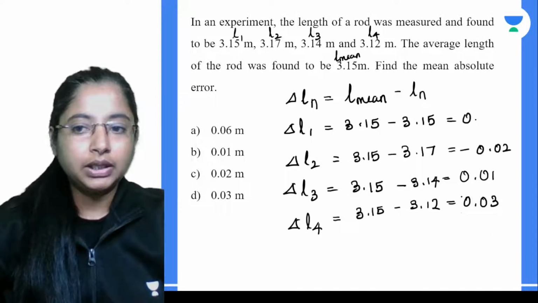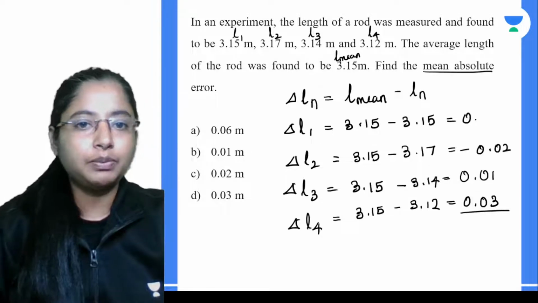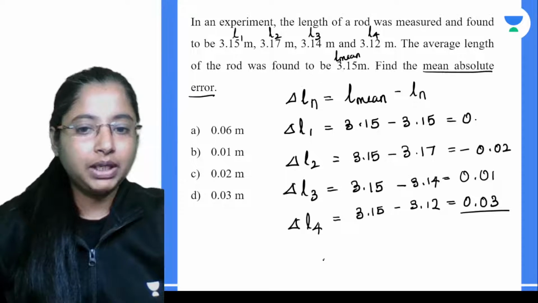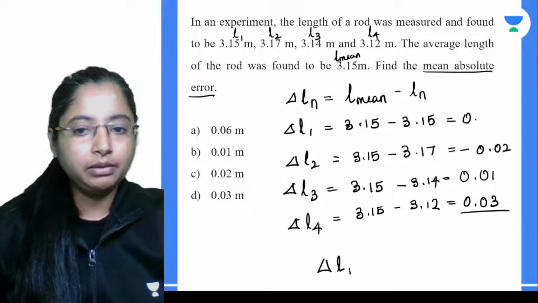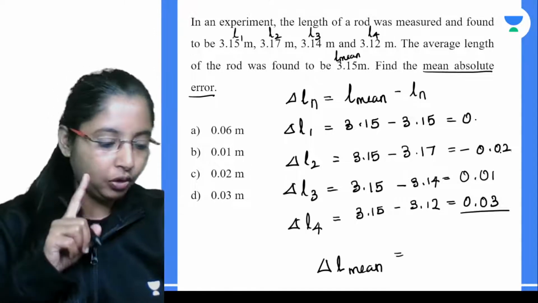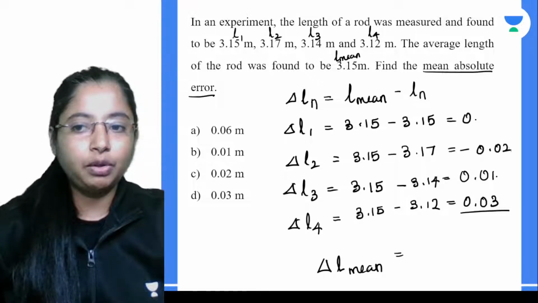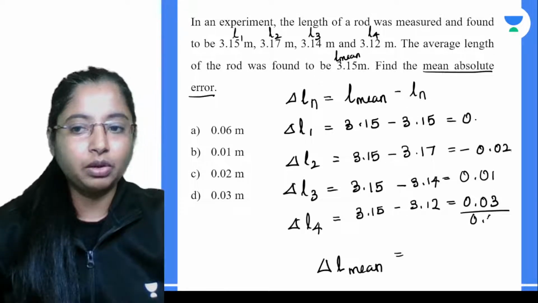Now, to find the mean absolute error, let's call it delta L mean. If you want to find the mean absolute error, add all of these quantities, taking only the positive values into account. So this will be 0.02, 0.01, 0.03. This will be 0.06.